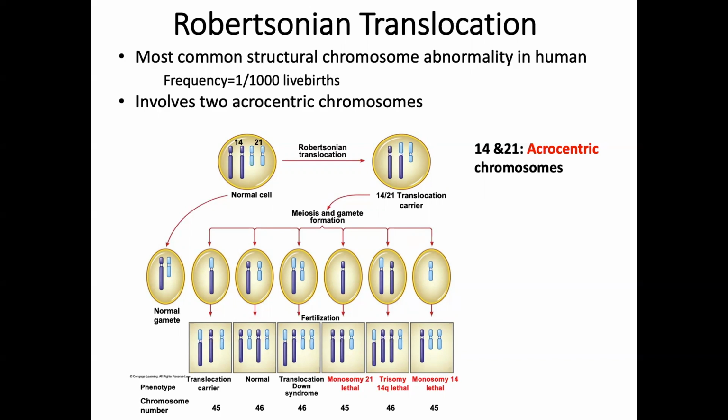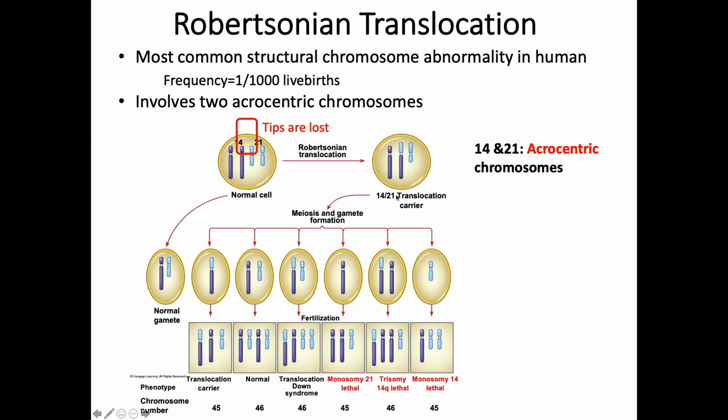Here we use chromosomes 14 and 21 as an example, okay? So the two chromosomes break at their centromeres, and their long arms fuse to form a single large chromosome with a single centromere, okay? And the tiny P arms shown here are usually lost within a few divisions.